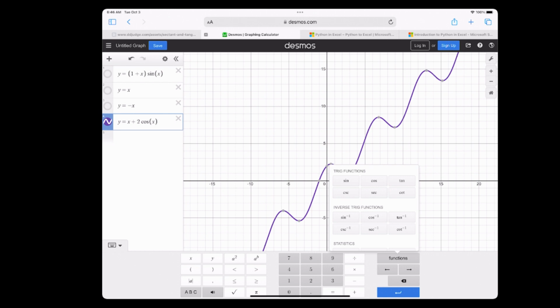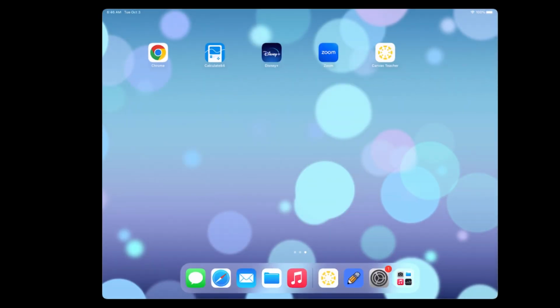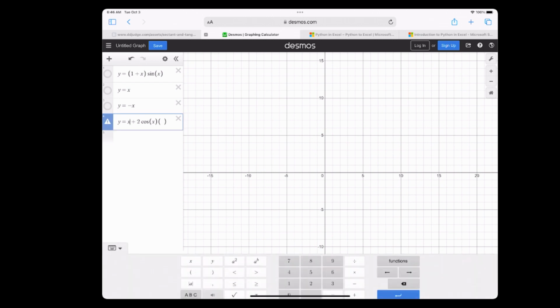Yeah, I know that, but how do we get to the curly brackets here? Try holding on the parentheses. Press and hold? No, it's actually on your keyboard. Sometimes it gives you a second option. I don't have my keyboard. Anyway, you can do it on your keyboard.